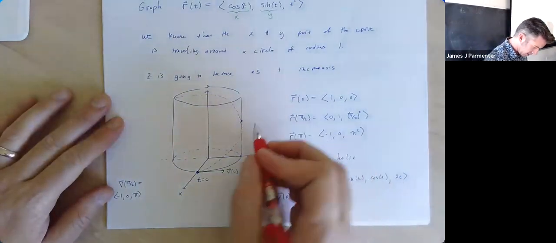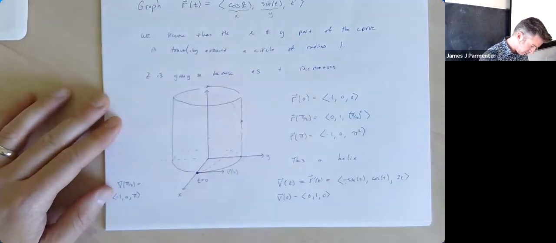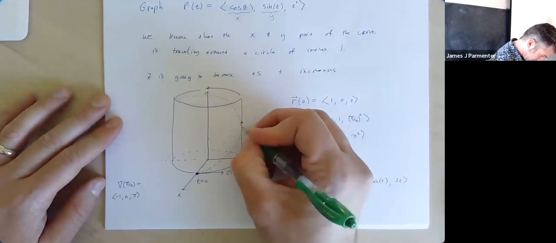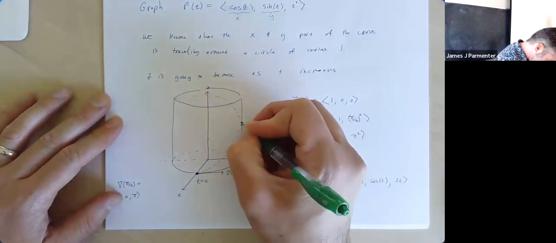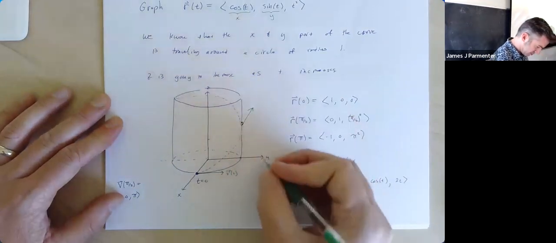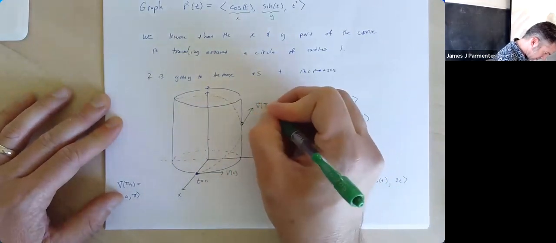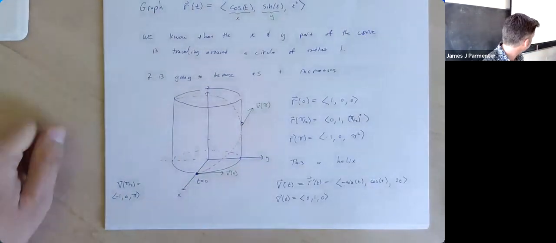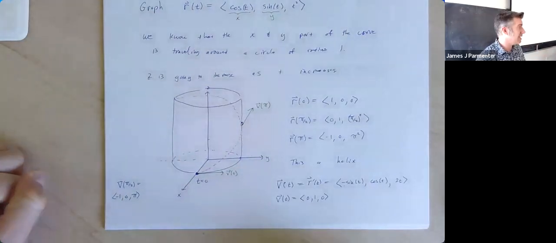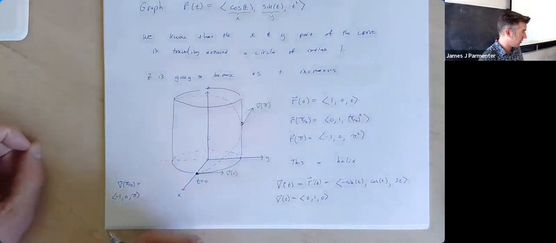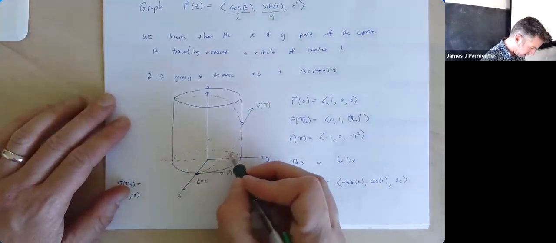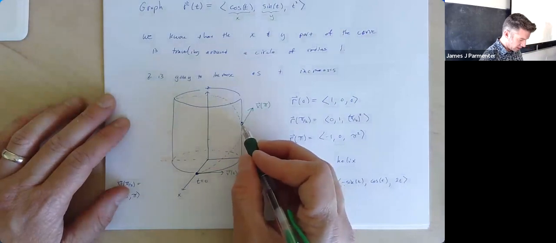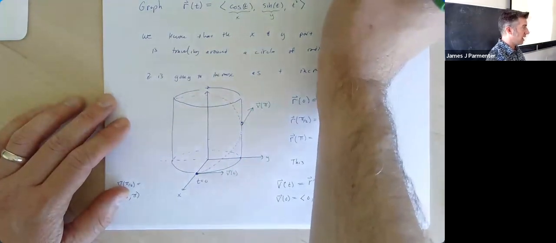So it's pointing back and up. Even though my picture might not do a great job of displaying it, it is tangential to the direction of travel, right? If we just kept going, we would keep going straight back and up.